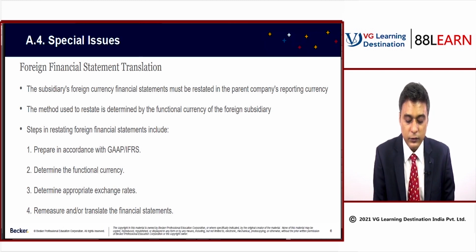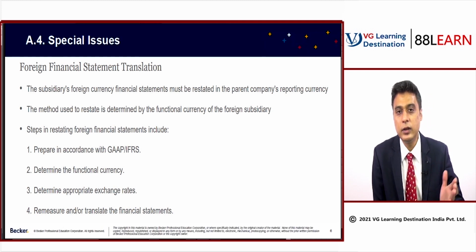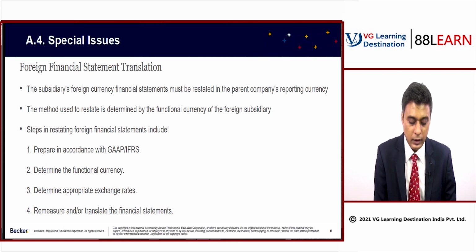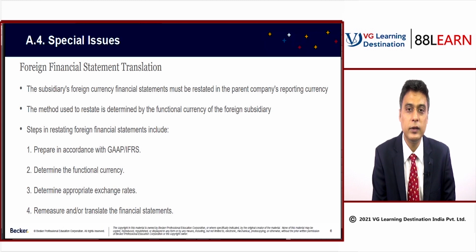Steps in restating foreign financials include, first, prepare in accordance with GAAP. So the first step is convert from German GAAP to US GAAP, or Indian GAAP to US GAAP, or Ecuadorian GAAP to US GAAP. Second, determine the functional currency. Is INR the functional currency? Answer is yes. Is the Ecuadorian currency the functional currency? Answer is no. Is the Deutsche Mark the functional currency?